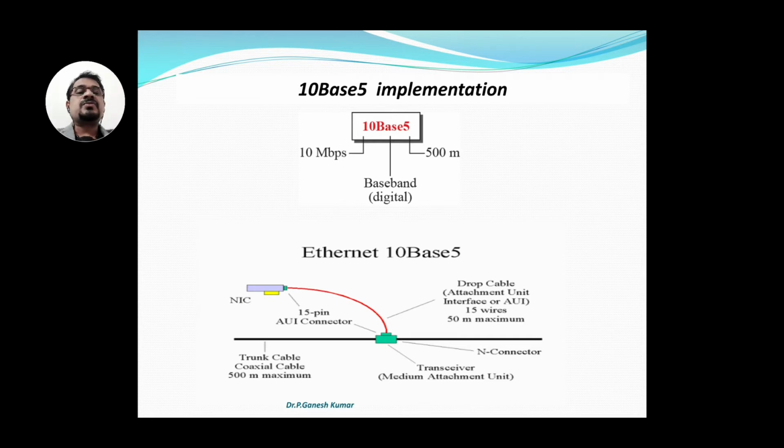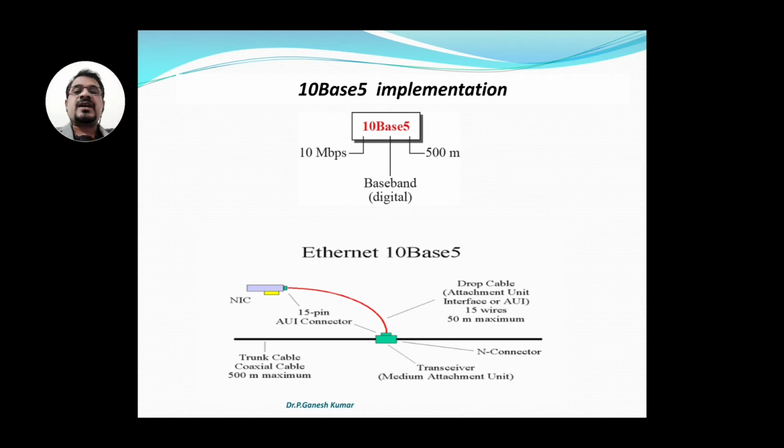The last digit defines how much distance this particular Ethernet can cover. For example, here it is 5, which means this network can cover 500 meters. So here we have a 10 Mbps data rate, baseband technology, with 500 meters of distance. This is the 10 base 5 implementation.